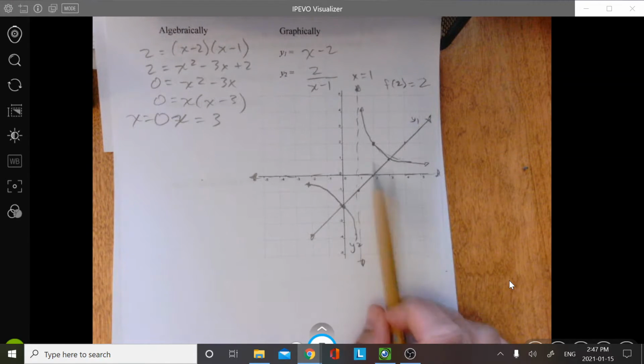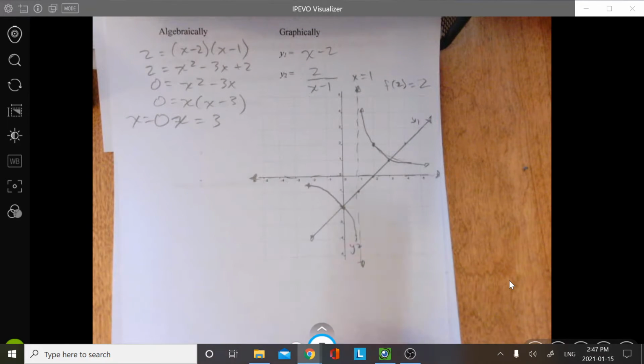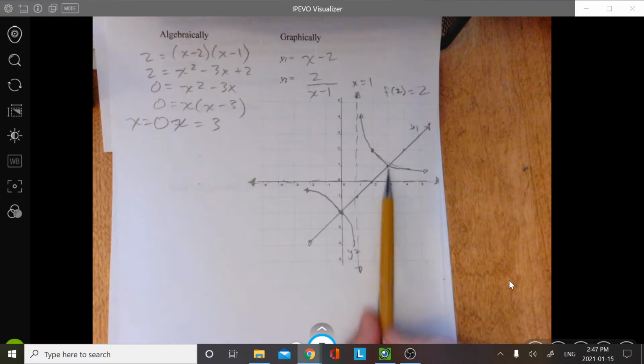Okay, which is what we found in the algebraic solution, right? So my graph and my algebra works out, my solutions are at 0 and at 3.